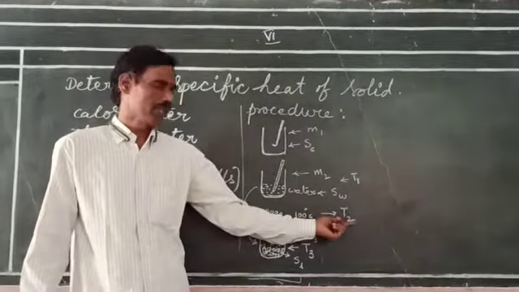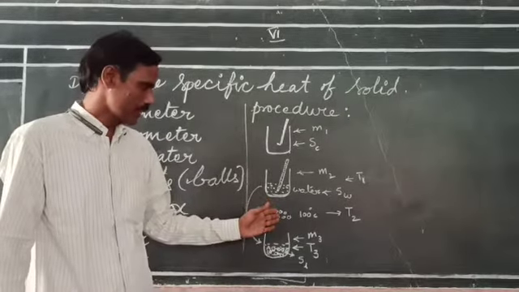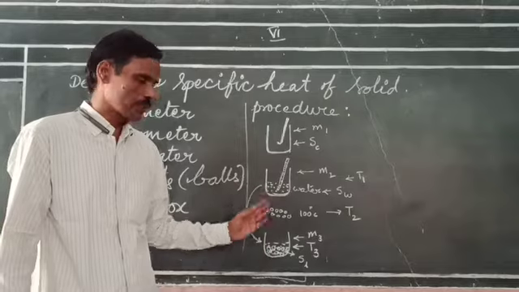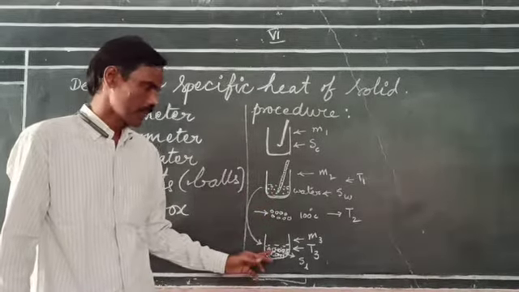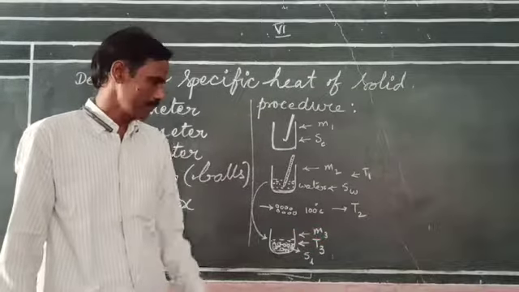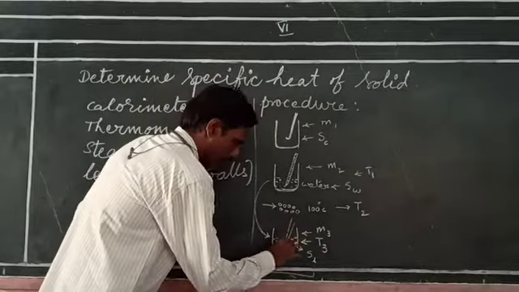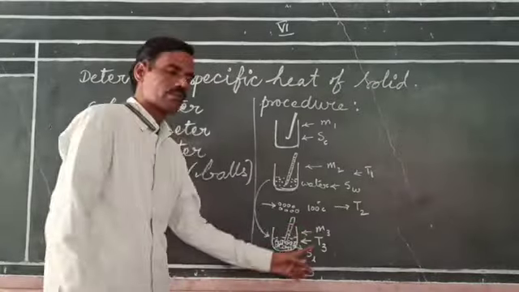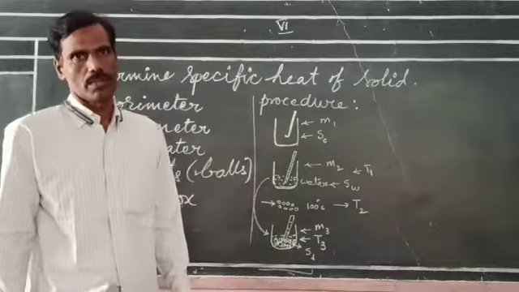Let the temperature be T2. Now, pour these lead shots into the water which was already poured in the calorimeter. Now, find the mass of the contents M3 and the temperature T3. Now, let the specific heat of lead shots be SL.